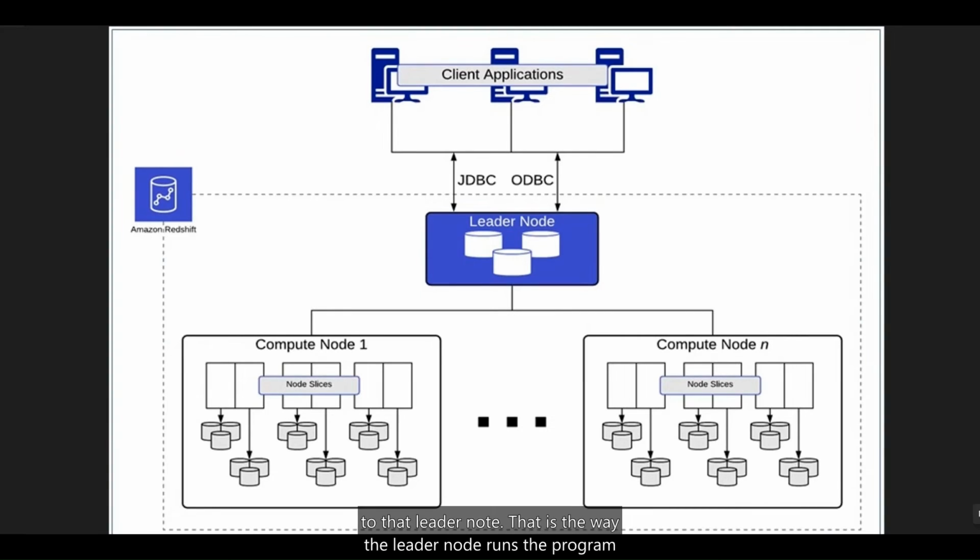That is the way the leader node runs the program and assigns the code to individual compute nodes. And the compute nodes execute the program and share the result back to the leader node for the final aggregation. And then the output is delivered to the client application for analytics.